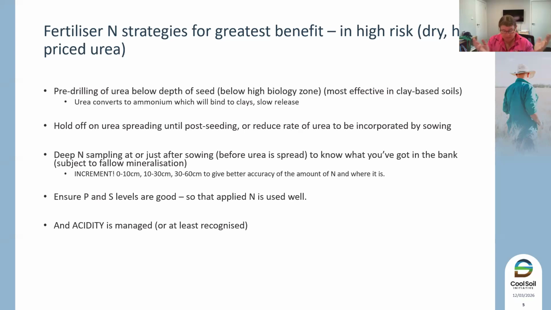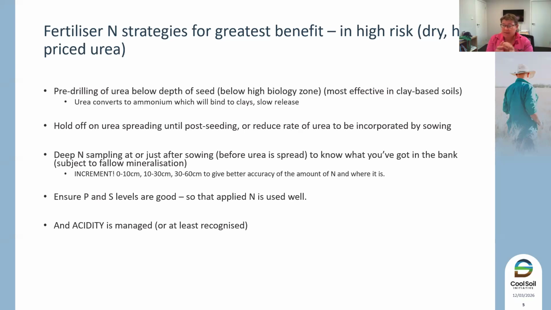So if it works and systems allow, and you've got the diesel to do it, placement of urea below that organic matter layer will reduce a lot of that risk of loss. If it's below the microbially active zone, below that layer of organic matter, that will slow down the loss because it will slow down the microbial transformation.